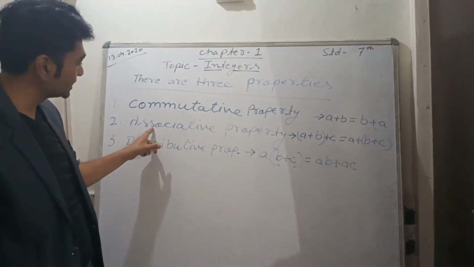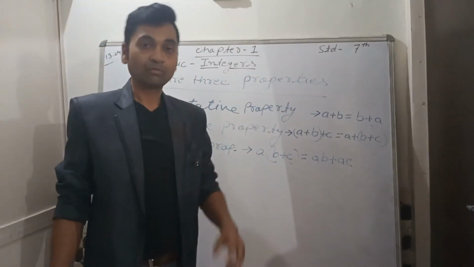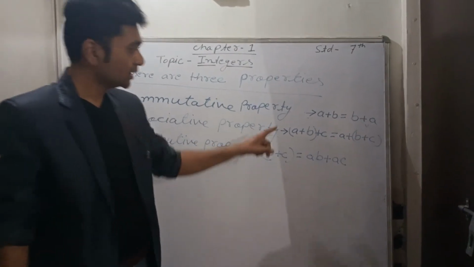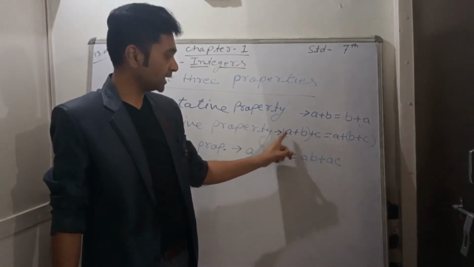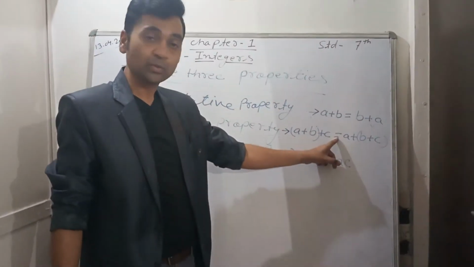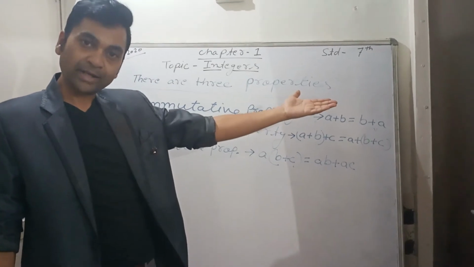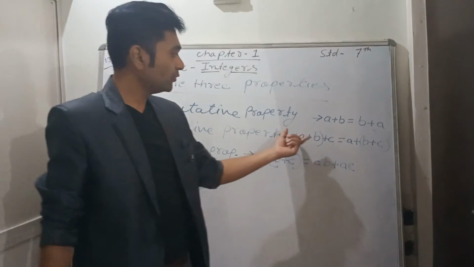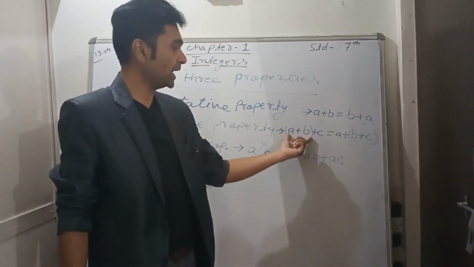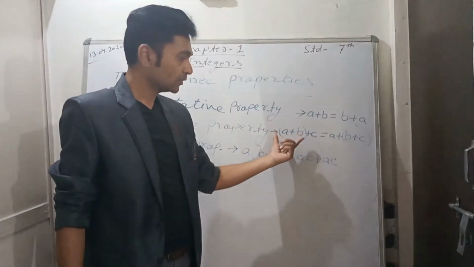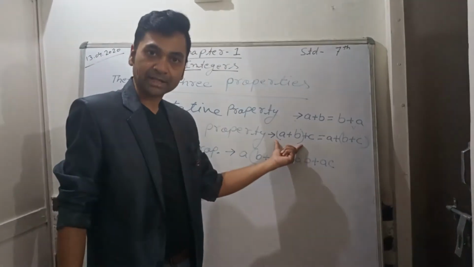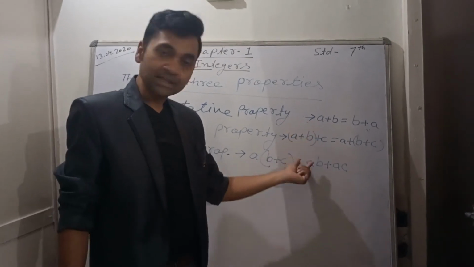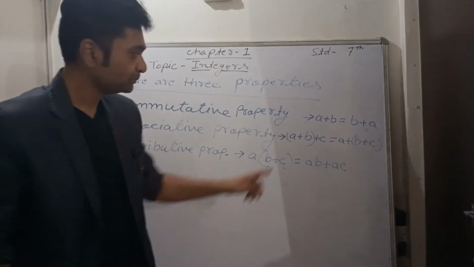Now the second property is the associative property. What is called associative property? In this property we write the 3 integers, a plus b in brackets plus c, is equal to, on the right hand side, a plus b plus c with the bracket on b and c. First of all we have to add a and b, the integers which are in the bracket, then we have to add the integer c.